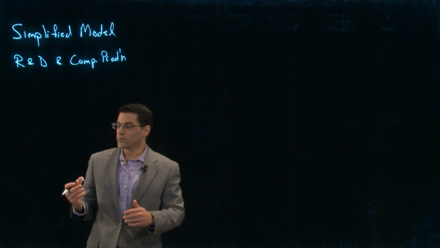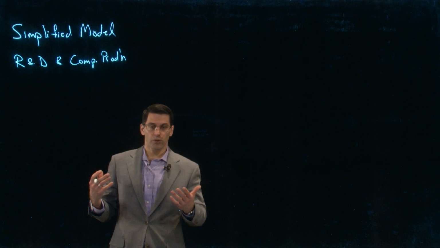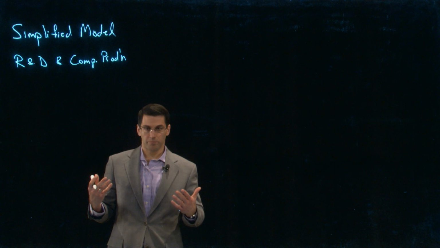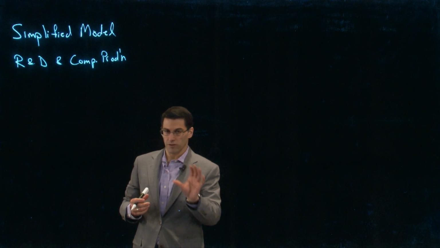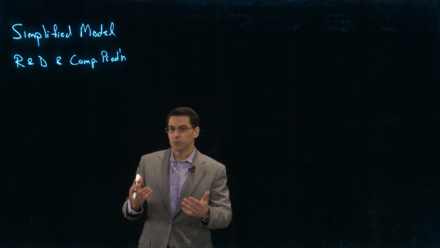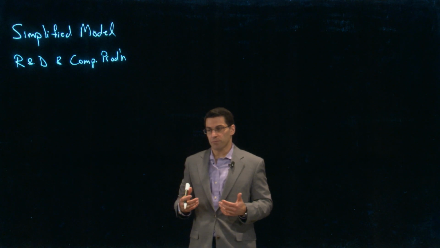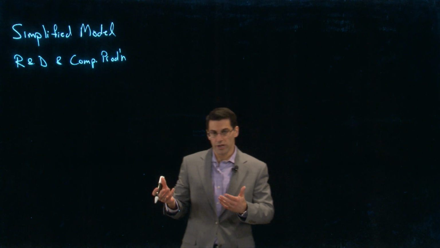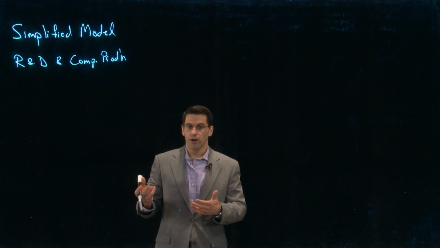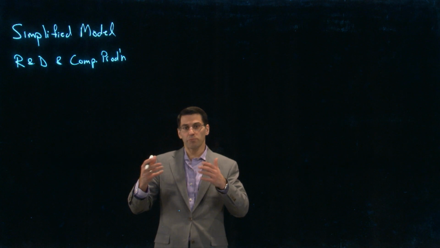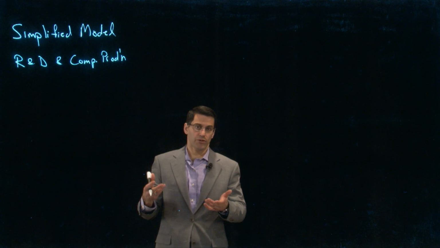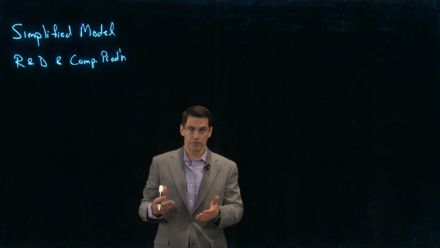So here again, we're going to use a familiar tool in the production possibilities frontier. But we're going to think about it a little bit differently. Up to this point, you're used to thinking about the PPF as representing all combinations of the two consumption goods that society can produce given technology and resources.